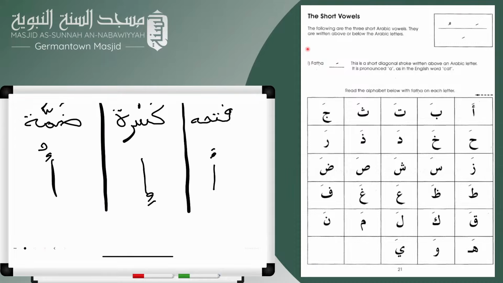Their names are fatha. Say after me: fatha. So the name of the first short vowel is fatha. After the T, I want you to add a separate H sound.